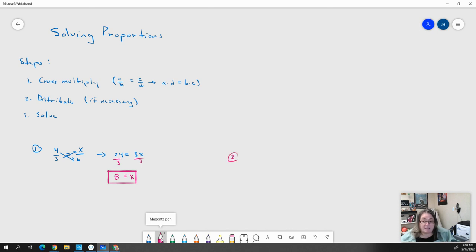What if we had 2 over 10 equals (n + 5) over 4? When I go to cross multiply here, I could go, okay, well, there's 2 times n plus 5, that parentheses makes it multiplication, equals 4 times 10.